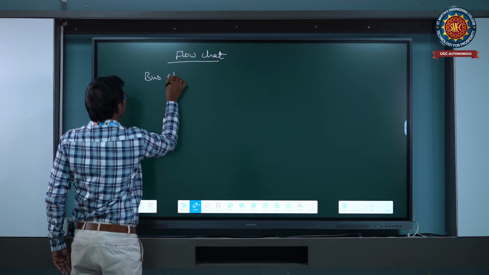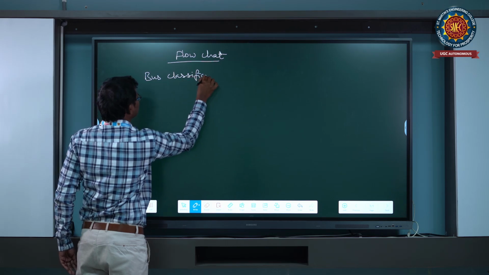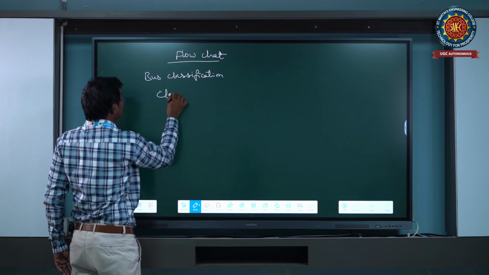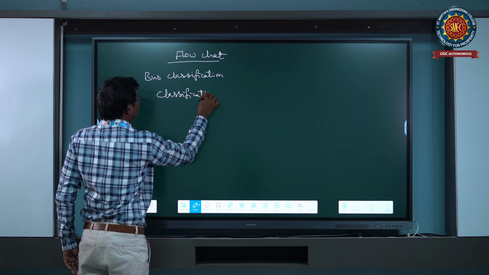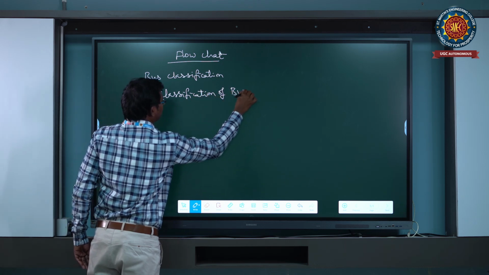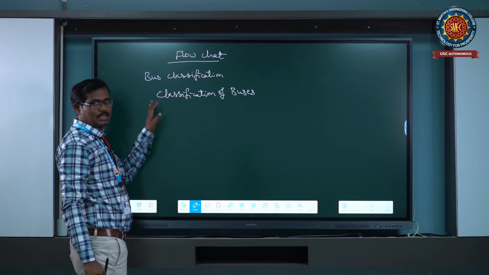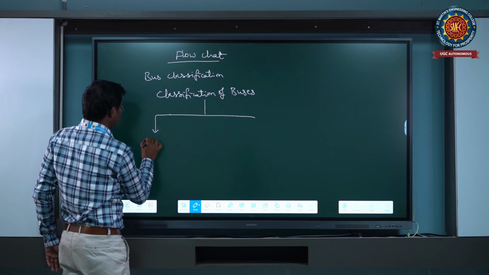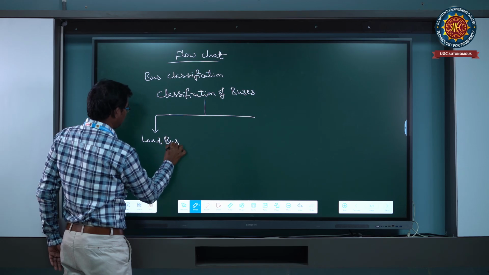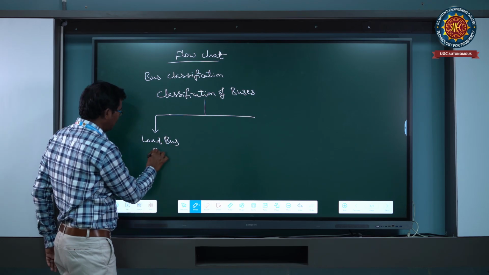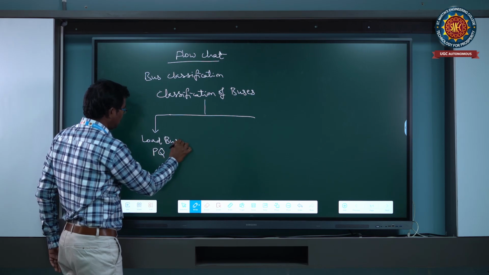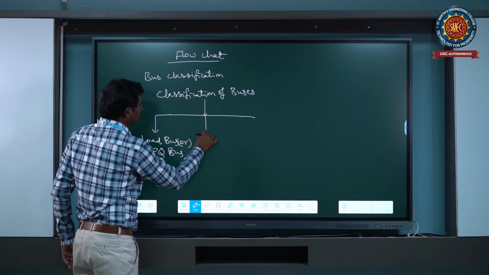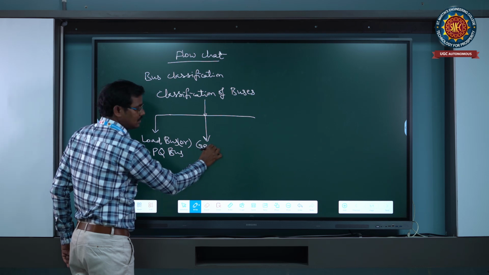Buses are classified into three types. First one is the load bus, that is nothing but a PQ bus. And the second one is a generator bus.